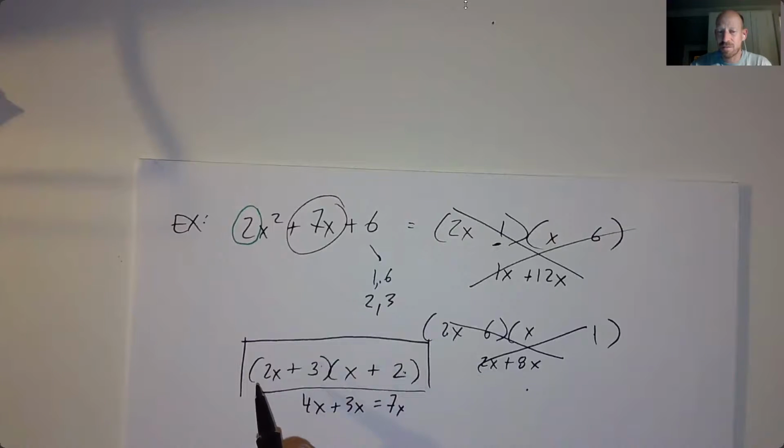I was anticipating that if I want these to add up to 7, I want to multiply the 2 times the 2x, because that would give me the 4x. And the 3 times the x gives me the 3x. So that's why I picked the 2 here and the 3 here.